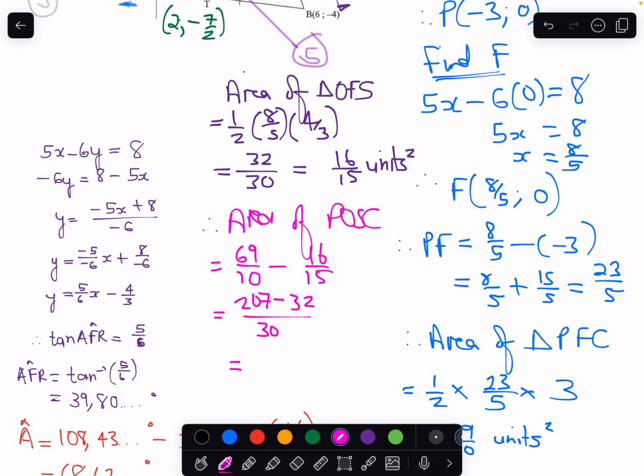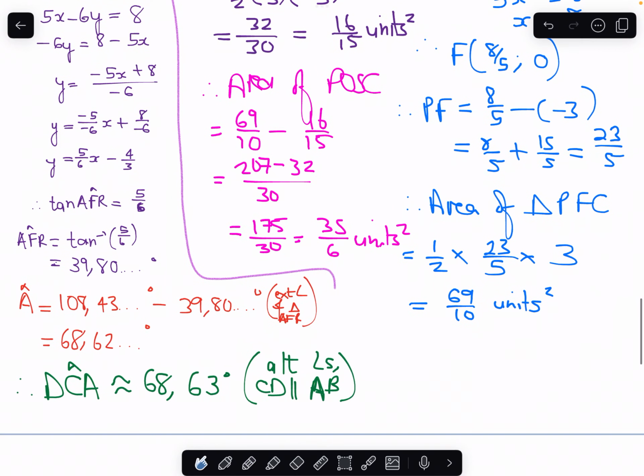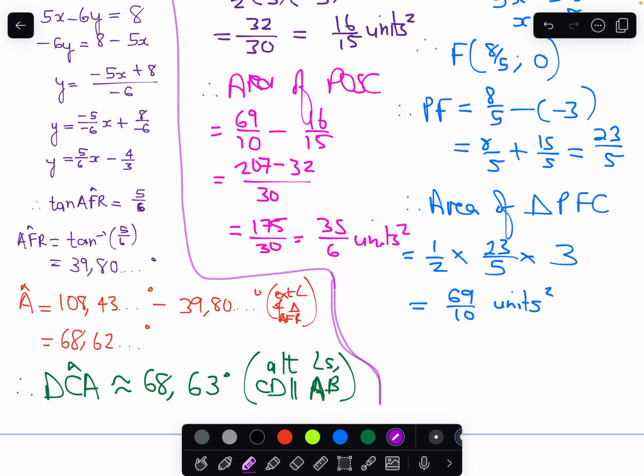Okay, and that is 175 over 30, which, divide by 5, top and bottom, 35 over 6 square units. Okay, and now to cordon all of this off from all of that. And that is my answer.